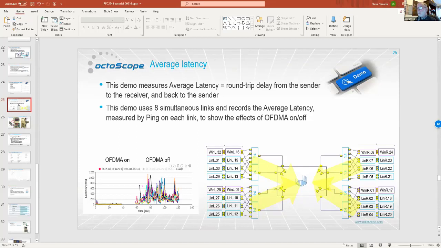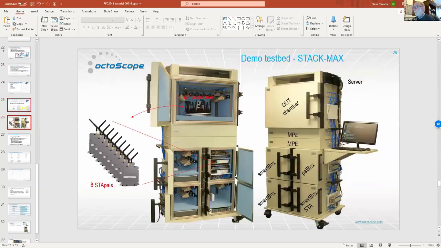In this demo, I'm going to be using 8 simultaneous links. So I'll have 8 stay pals in that pal box that I showed you earlier. Here's a look at the practical system. We have the AP in the upper box. He's going to be connecting to 8 of these stay pals down here in the PAL box.